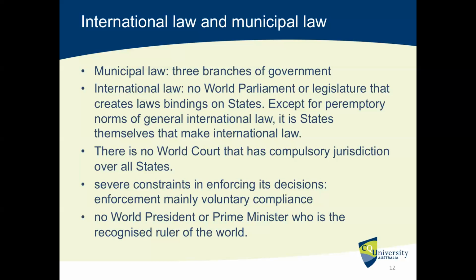So we have in municipal law government agencies or government branches that have the power to make law that is binding on its subjects. We don't have that equivalent in international law.